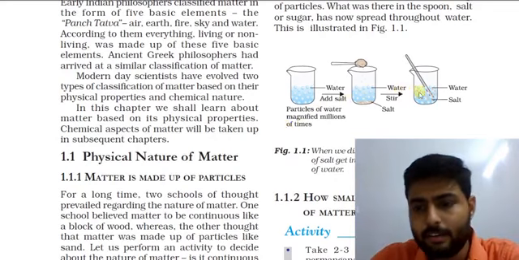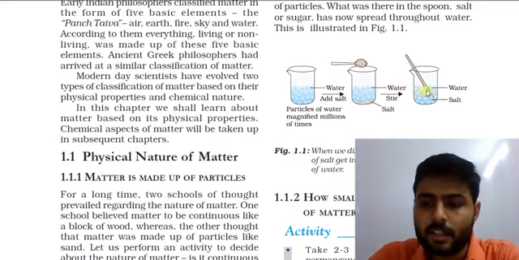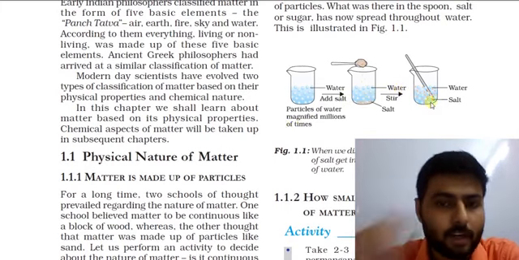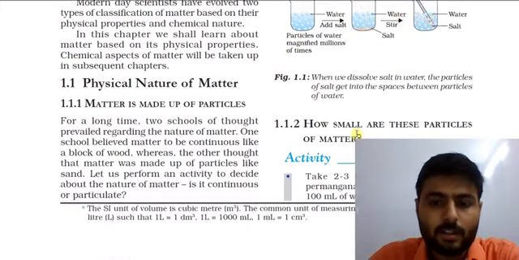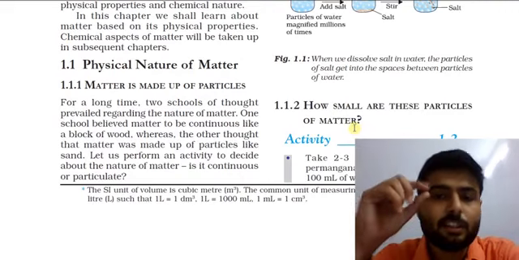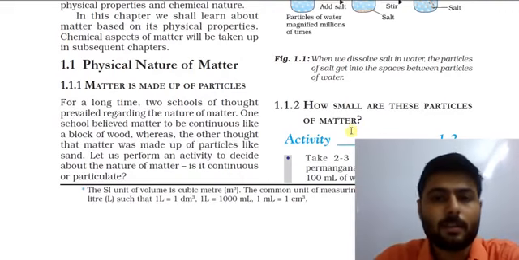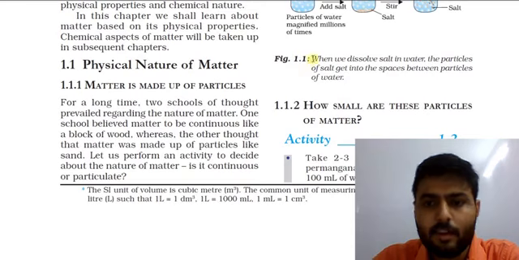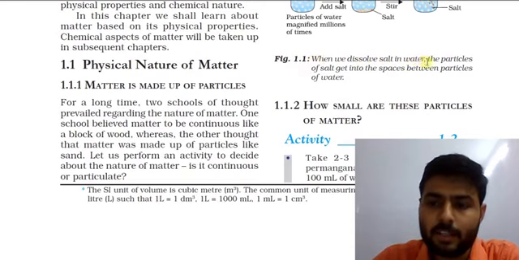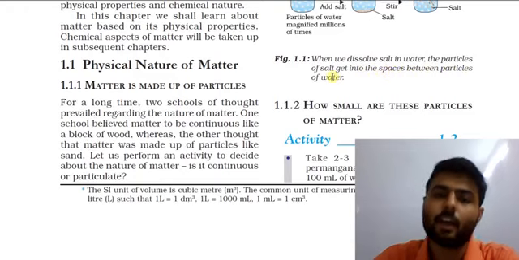So here in the figure we can see this. The salt particles are placed between water particles. So we can say that there is space between particles of matter. When we dissolve salt in water, the particles of salt get into the space between the particles of water.